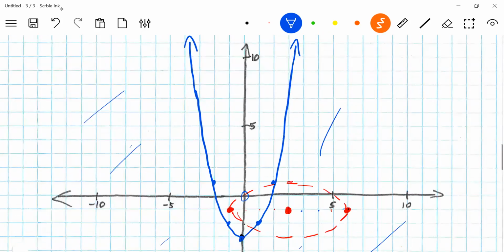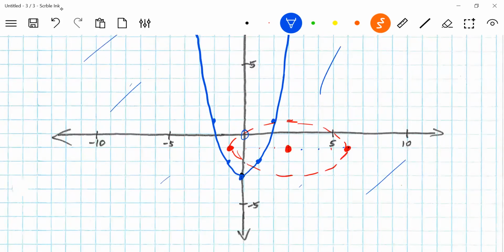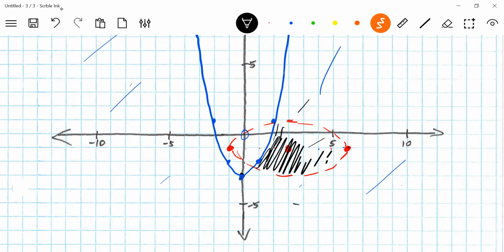And because that's true, that means the area that is inside gets shaded. And that happens to match the outside of the parabola. But part of the ellipse is not shaded because it's on the inside of the parabola. So I'm being careful here.